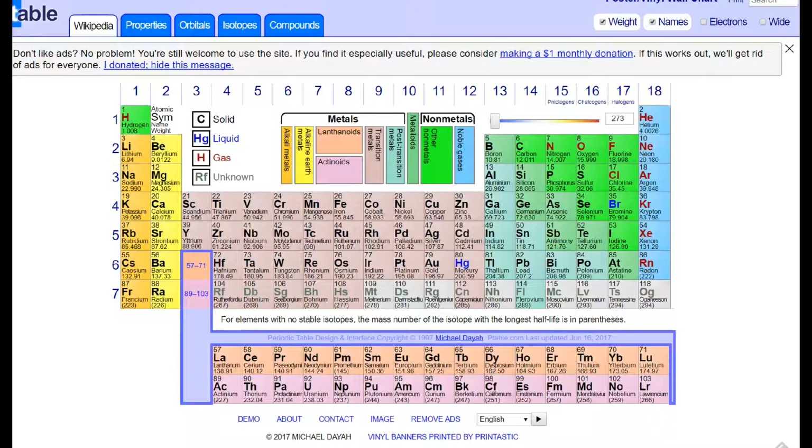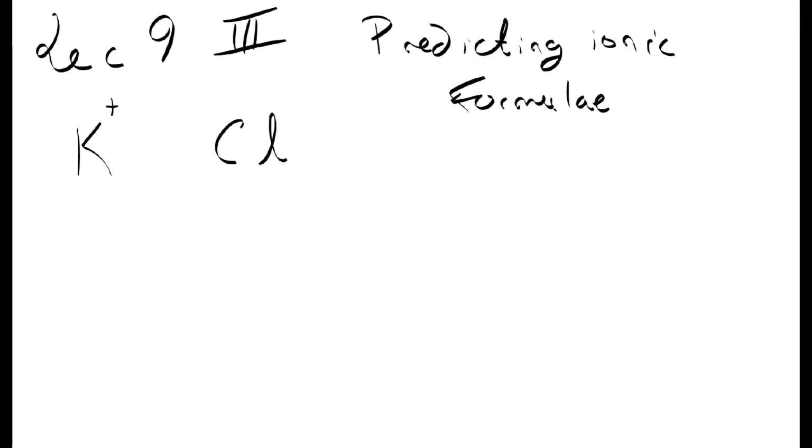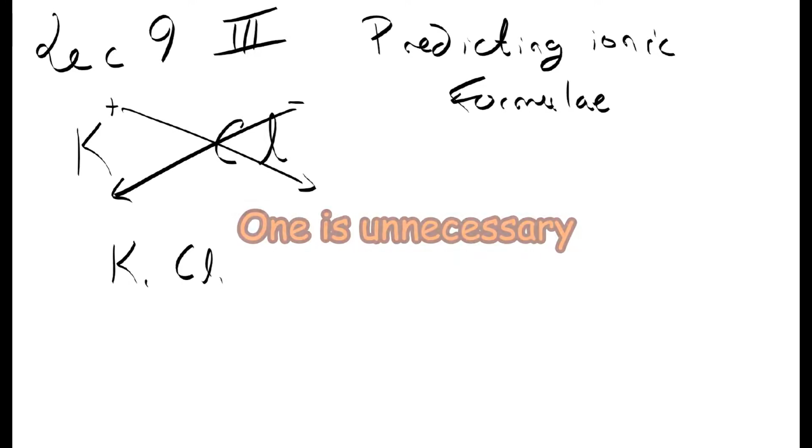It's going to take a 1 minus charge. 1 plus and 1 minus. So, in order to find the formula, you cross the streams. And you just bring the charges down, and they become numbers. Okay? So, K1, Cl1. Except that for subscripts, we never bother writing 1, so it's just KCl.